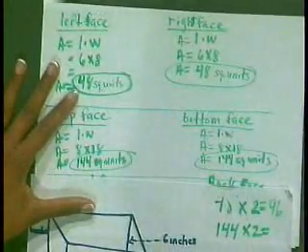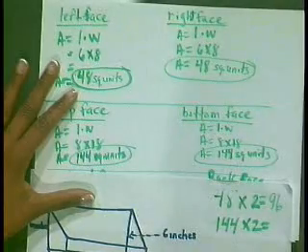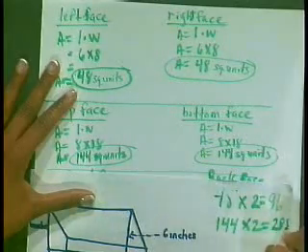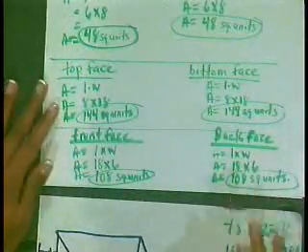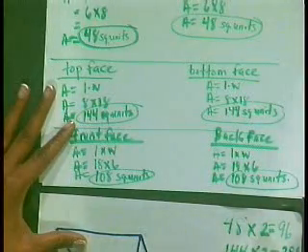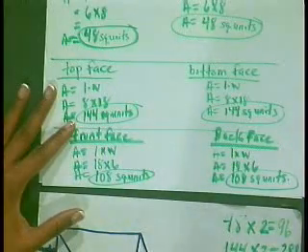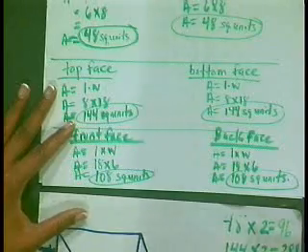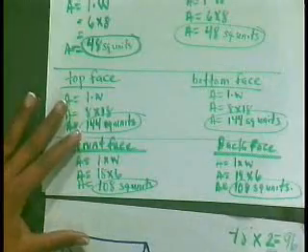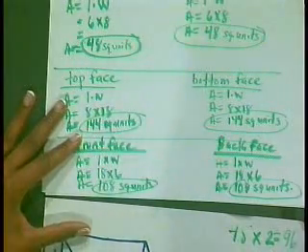Sorry about that, but I know you guys got it. 144 times 2, and I get 288. Then for the front and back face, we're going to multiply 108 times 2 because it represents the two faces. 108 times 2, and we get 216. Okay, so now we can add 96 plus 288 plus 216.